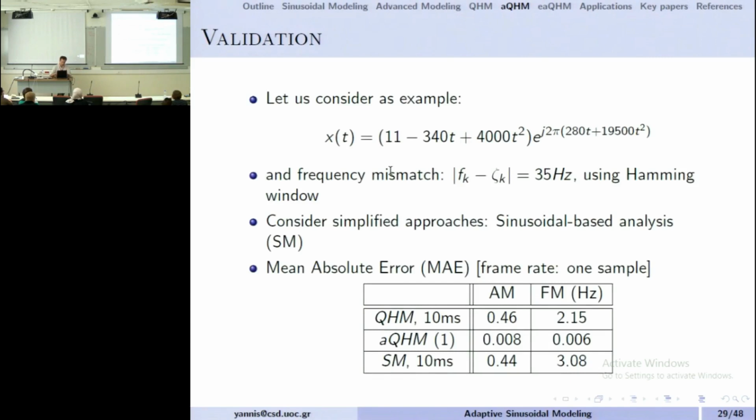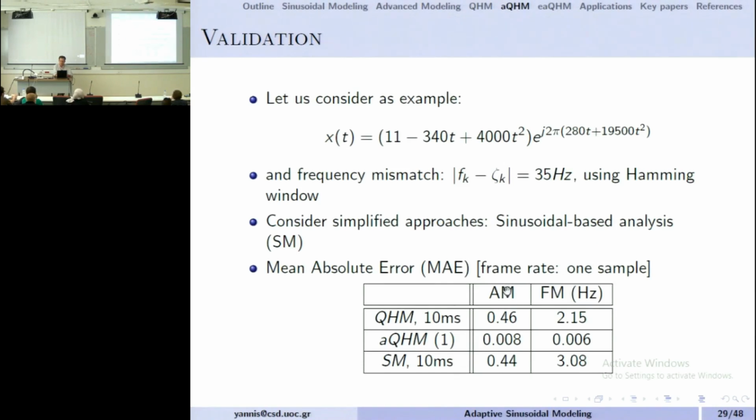And we made a test on an AM-FM parametric model, as it is shown here. This is the AM, this is the FM part. And we introduced to the model already a mistake of 30 Hertz, 35 Hertz. And we use a Hamming window. And we analyze with the sinusoidal model. And we have here 10 milliseconds, and the frame rate is just one sample.